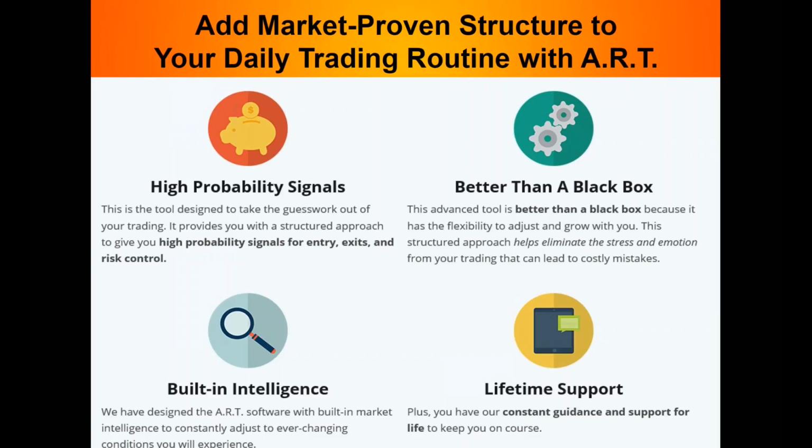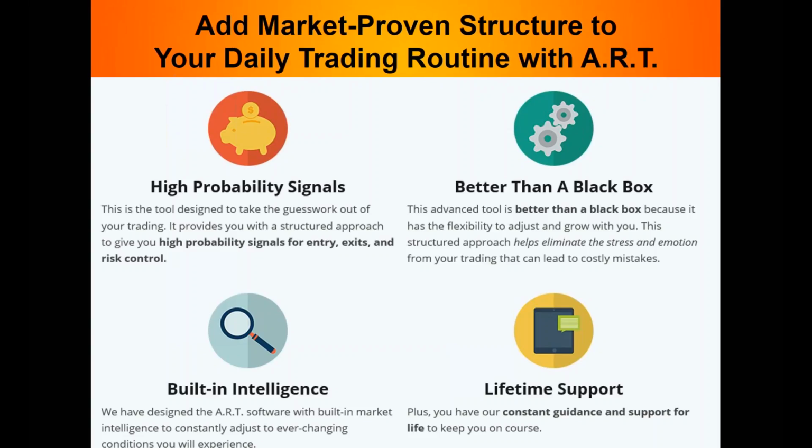One of the things that we want to talk about is the fact that in the A.R.T system, not only are you getting high probability signals because you're relying on price and momentum, you combine that with the add-ons of the enhancers, and you've got a really nice set of trading tools that can manage the trade.